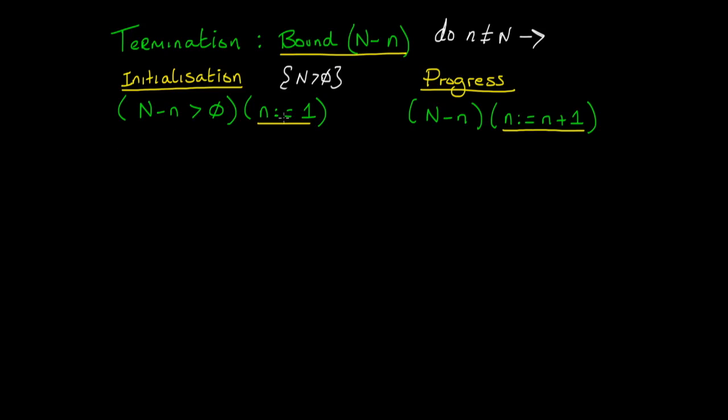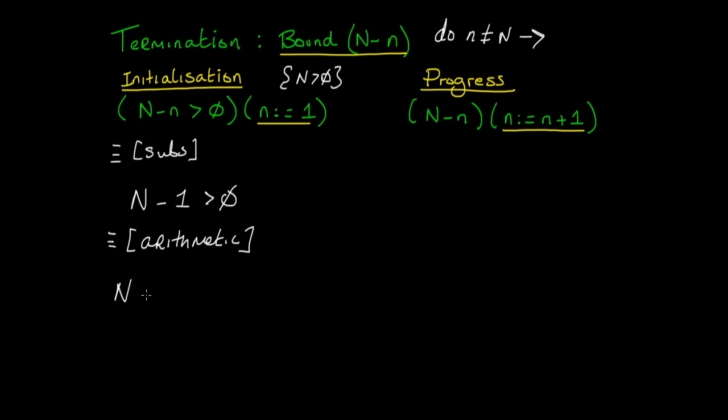If we substitute our initial value for n in here, through substitution we get n minus, and n becomes equal to 1, greater than 0. Using a little bit of algebra or arithmetic, we transfer the n across the sign, and we end up with n is greater than 1.